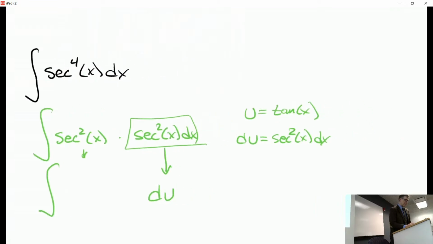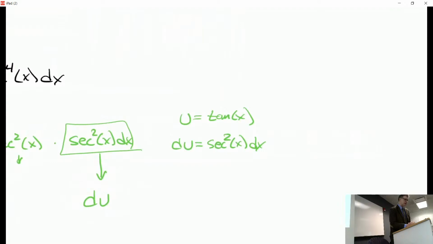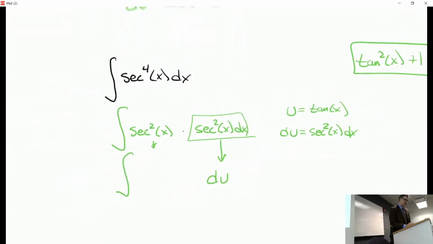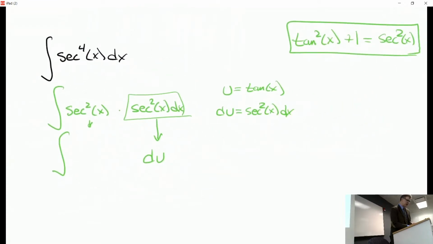Well, we're going to do the same trick that we just did with the sines and cosines, specifically tangent squared of x plus 1 is equal to secant squared. Less well known, so I'll put that on whatever test you have as well. So now we have three things I've promised you. But secant squared is 1 plus tangent squared, or tangent squared plus 1. Whoops. Hold on a minute. Let me just put this in here. 1 plus tangent squared. And so that will be 1 plus u squared if you do this.